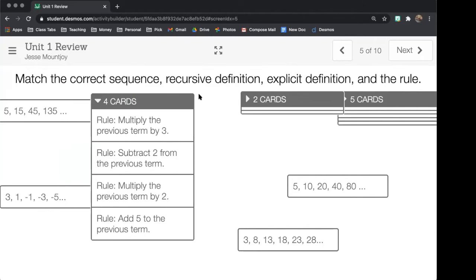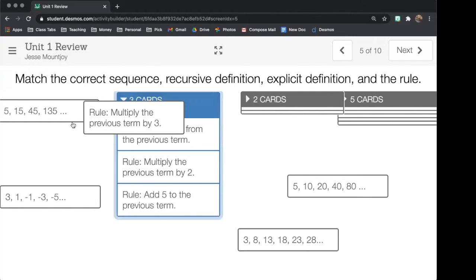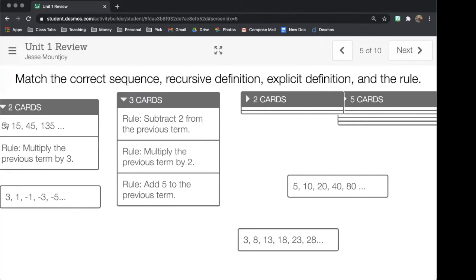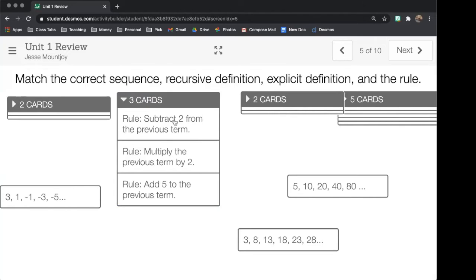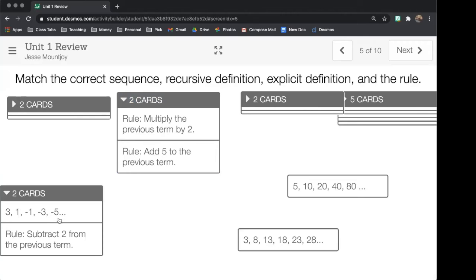So I got that one started. Now what? Multiply the previous term by 3. So which of these shows multiplying by 3? And it was this one. Let me group those together. Times 3 is 15, times 3 is 45, times 3 is 135. Subtract 2 from the previous term. The only one that was subtraction was this one, and it is subtracting 2 every time.